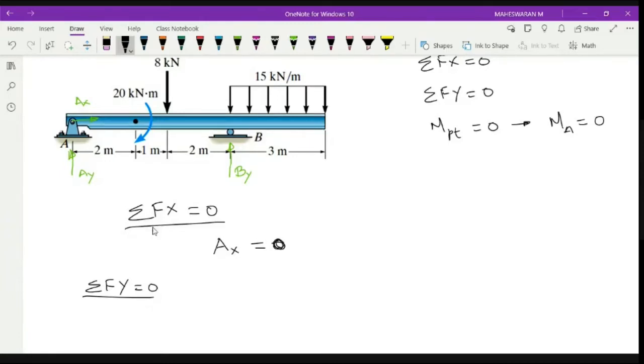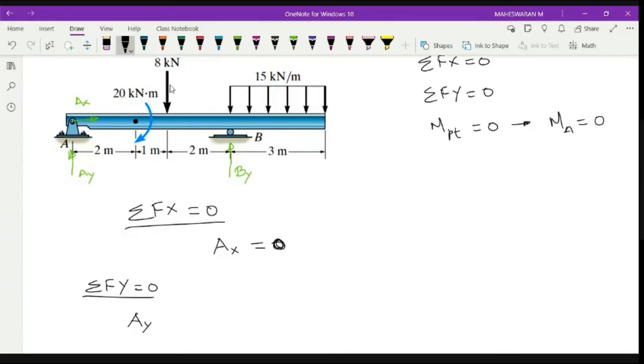So we will start from A. Slowly we will go. You have Ay, so positive Ay. At this point you have a moment, so it is not a force, it's a moment. I can't add it, so you can leave it out.